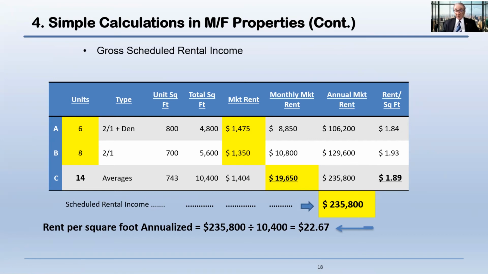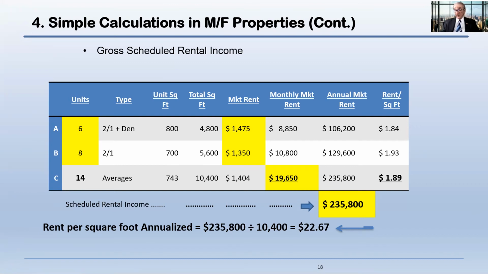I will tell you in a minute why. For this example, when you divide the total annual rental income, only rental income, by the square footage, that will give you the rent per square foot. In this case, it's $22.67 per year.